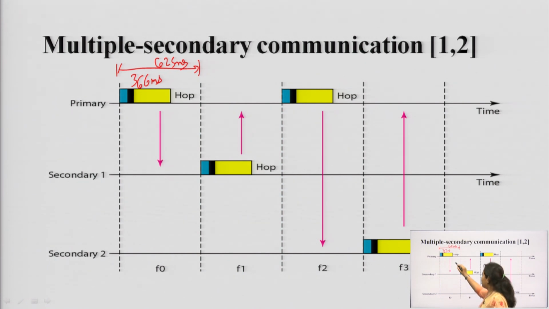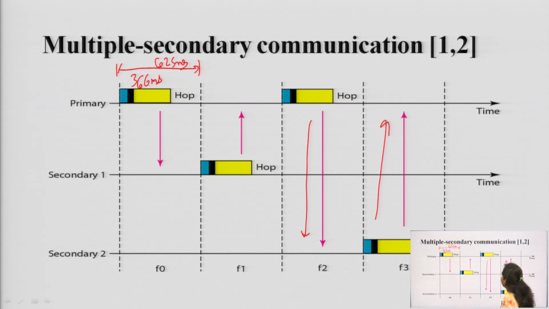After the completion of this one primary, the data has to be transmitted to the secondary unit and a hop cycle has been inserted after this particular frame. So, it has again increased from 366 to 625 millisecond. Then the data can be transmitted to the first one. You can directly access this secondary with the primary, there is no intermediate condition required. So, it is transmitted directly from this side to this side. So, this is the case for multiple secondary communication.